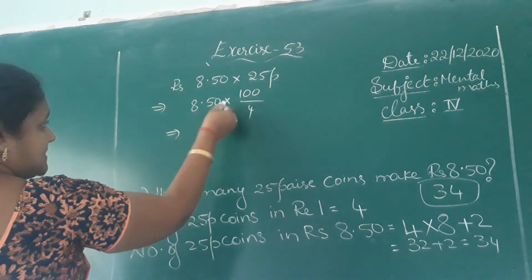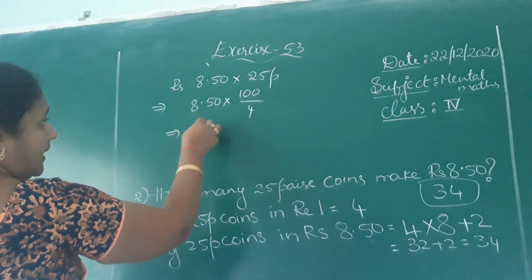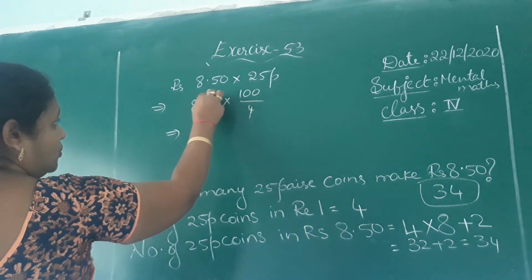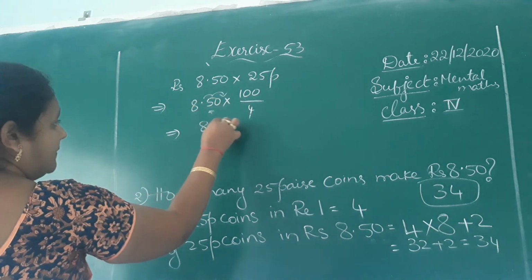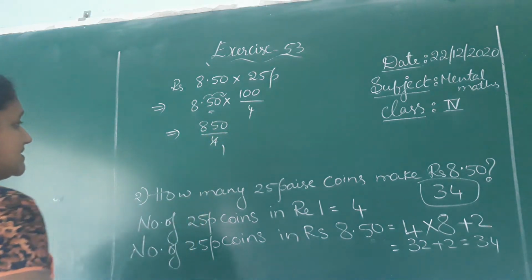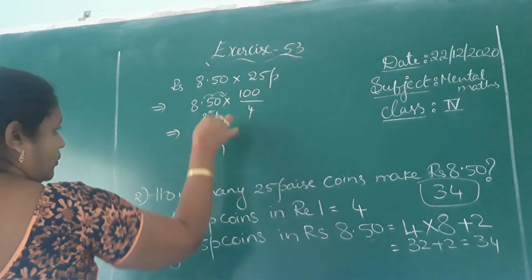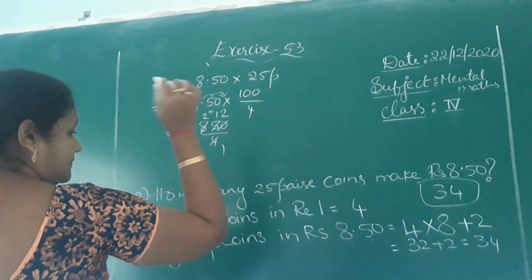So that implies 850 into 100. If you multiply with 100, the 2 decimal places move, and it is 850 by 4. 4 twos 8, 4 twos 8.